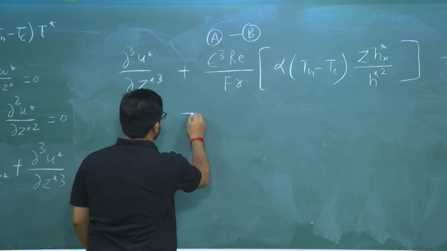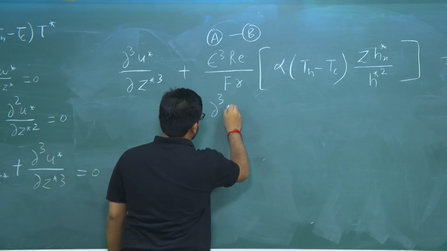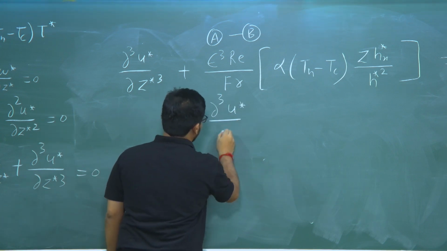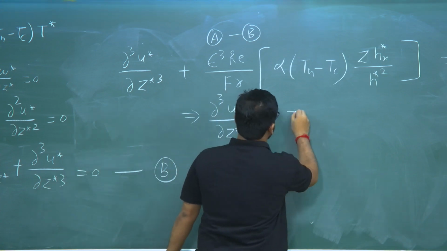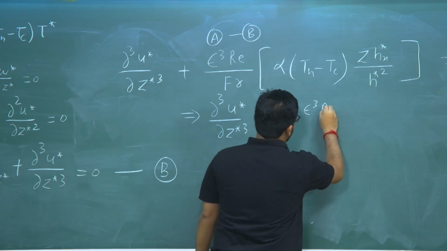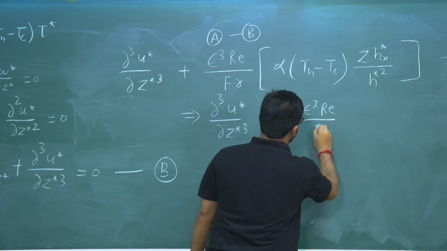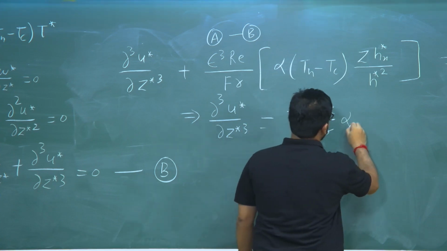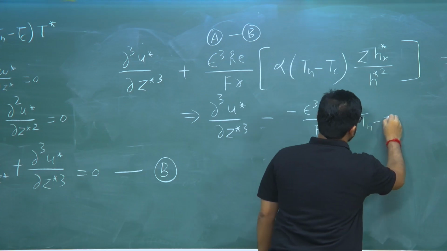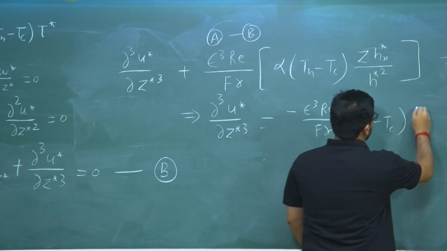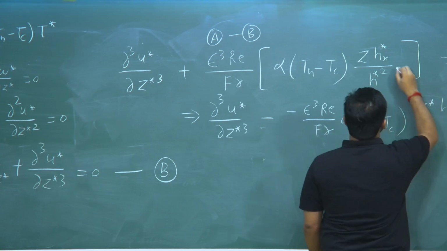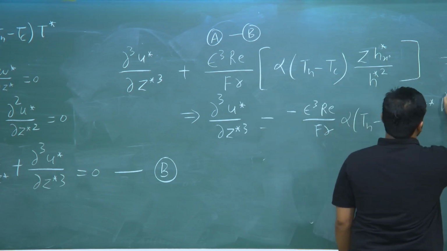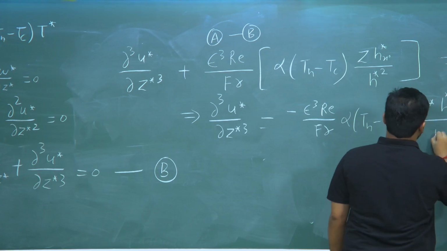So, from here we will get ∂³u*/∂z*³ equal to minus ε³ Re upon Froude number into α into (Th minus Tc) into z* into h_x*, upon h*².